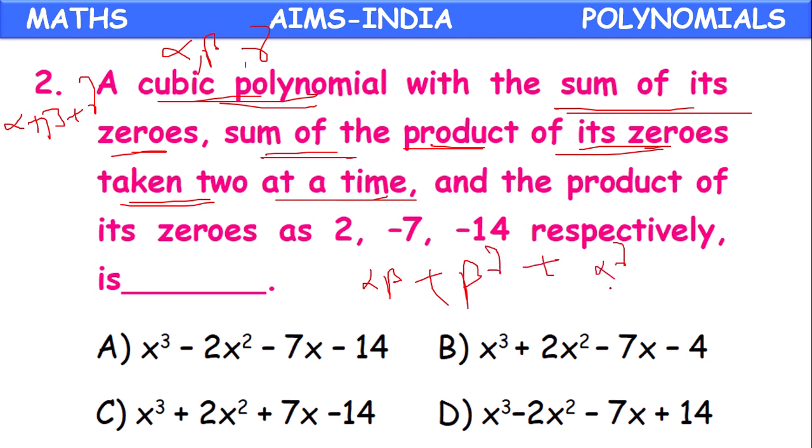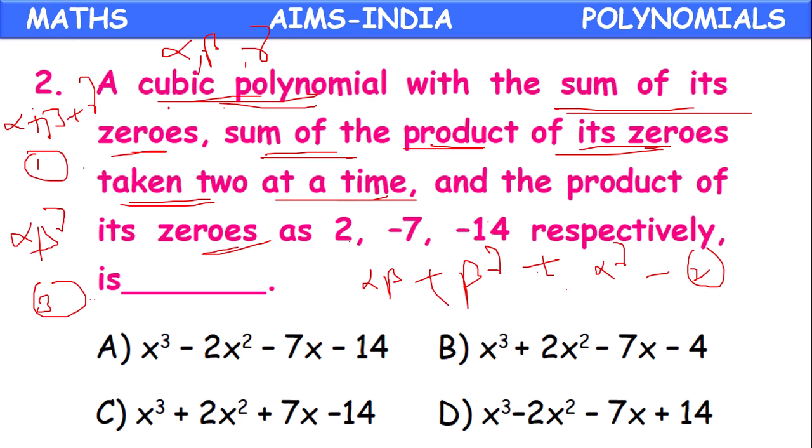This is the second value, and product of zeros means alpha beta gamma, the third value. So for a cubic polynomial, the 3 values are: first value is 2, second value is minus 7, third value is minus 14.